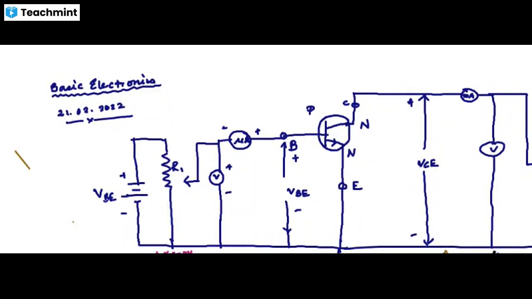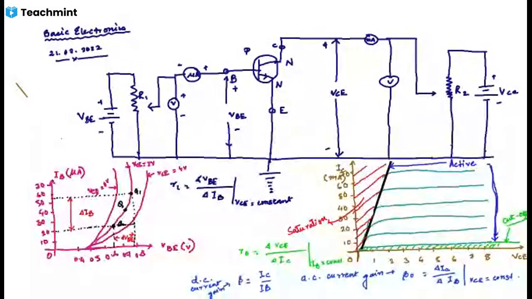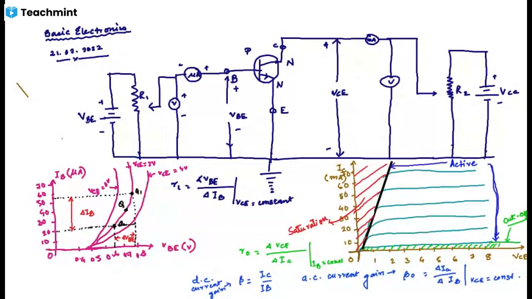So I think everybody has noticed it, and I think everybody has understood it. No problem, I think. Now the last thing that we are going to do is the common collector configuration.